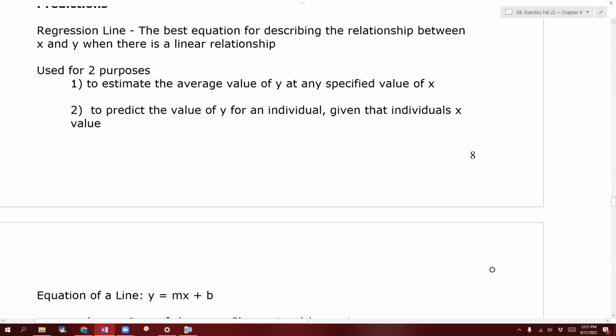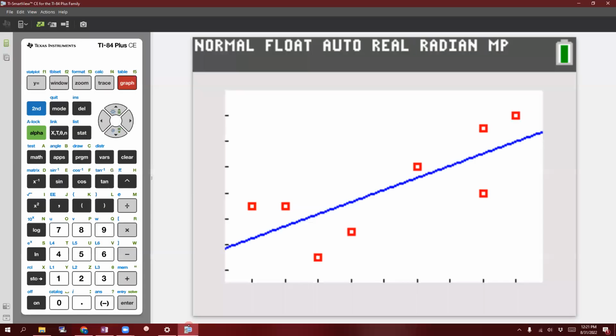So we can use it as simply going through and looking at this line and saying, okay, well, at this X value, the average Y is going to be where this comes out. This line gives us an average Y value based on an X value. And so we can either pick an X value at random and figure out what the Y value should be, or we can determine someone's X, and then based on that, we could predict what their Y should be.